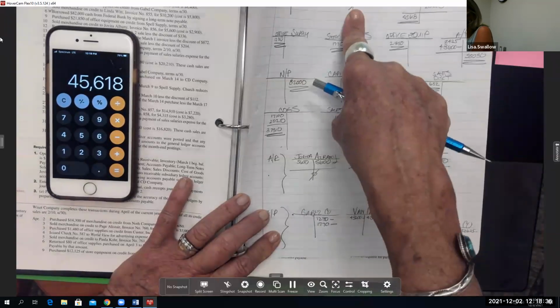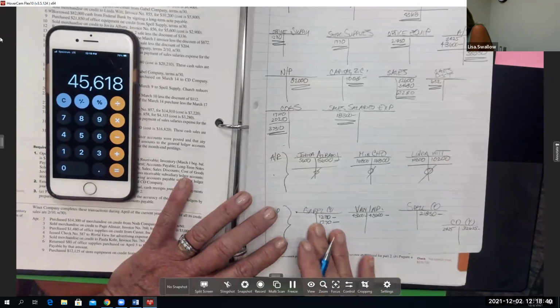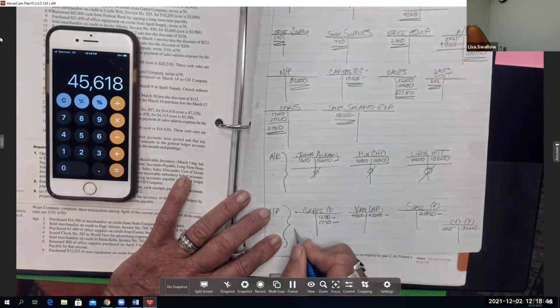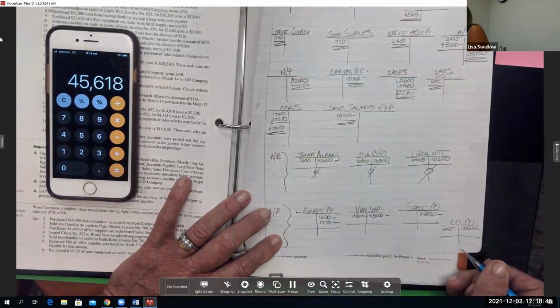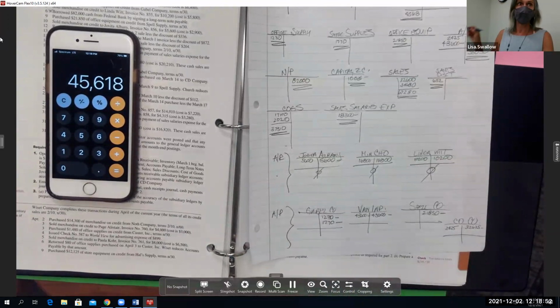Nope, and that's what this says. Okay, and then who do we owe money to? 3 of the 4. Okay. You have to prove that your AP subsidiary ledgers equal your control account.